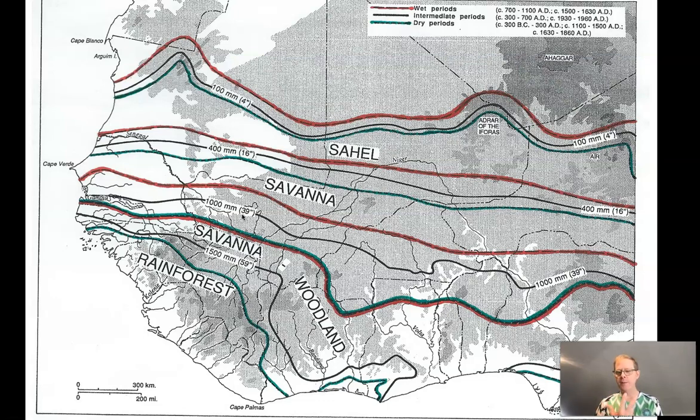And those are all very important animals for plows, for transportation, for military purposes, for manure to fertilize your fields, for milk, for meat, all sorts of things. Okay? So people south of that line are going to be limited in their subsistence production, the ways they can live, because they can't have large livestock. Okay?